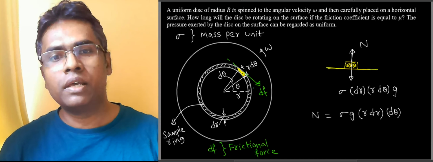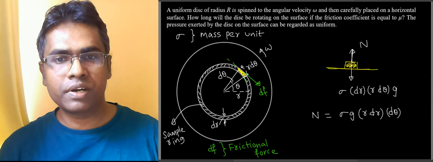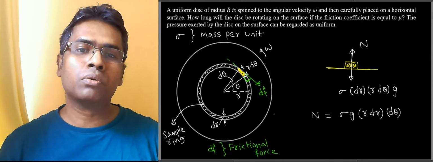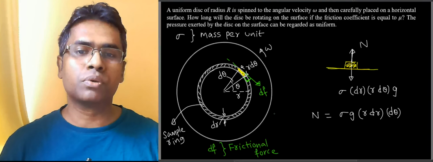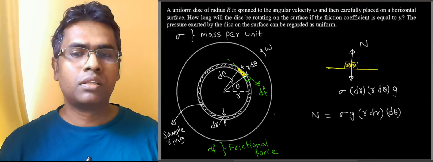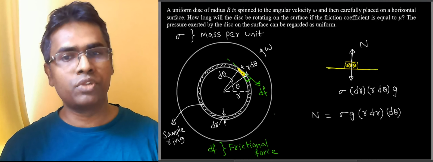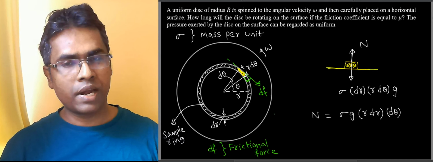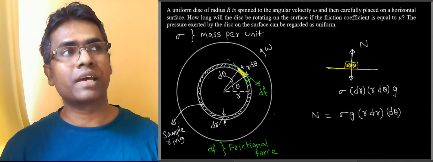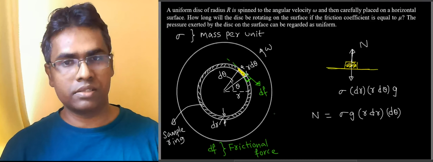The angle between the position vector and the frictional force vector is clearly 90 degrees, since the force is along the tangent. Now, if I use the right hand thumb rule and do r cross dF, the torque applied by this force would be into the board. If you take your right hand and point your thumb into the board, the curling fingers show the direction of the angular acceleration.